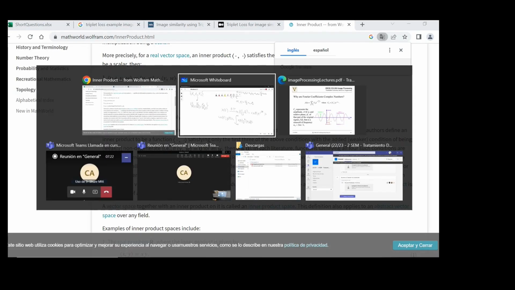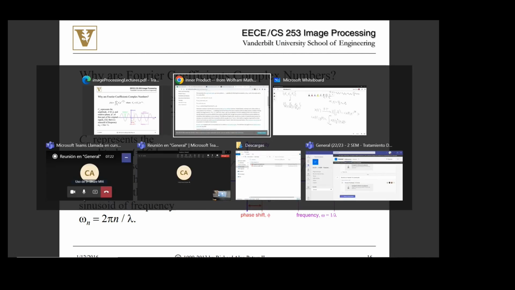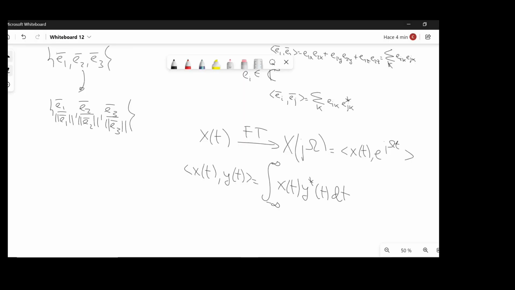Okay, and what else to do here? If it is complex, then in general, I can express it in its polar form. The polar form has an amplitude and a phase. Okay, so I'm going back to things that you already know.